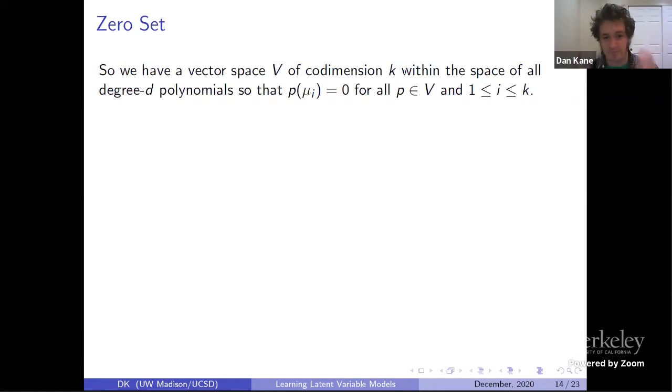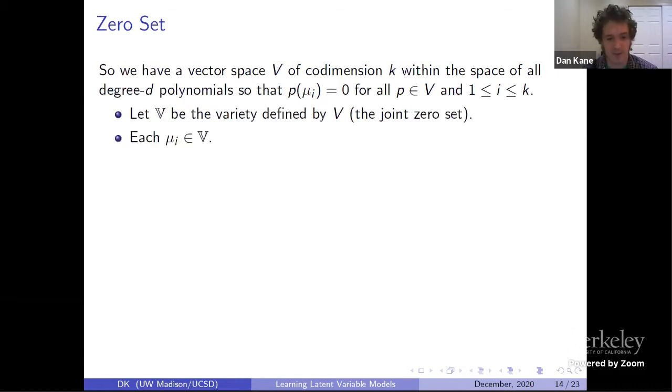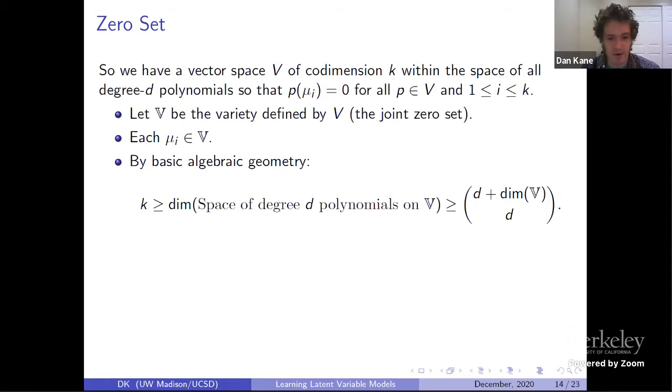And okay, so we have this big vector space V. It's codimension k within the space of all degree d polynomials, such that p of mu_i is 0 for every p in V and for every i going from 1 to k. So what does this tell us about where the means lie? Well, this set of polynomials defines a variety, the set of joint zeros of these polynomials, and all of our means lie in this variety. Now, for sake of intuition, let's bring out some very basic algebraic geometry.